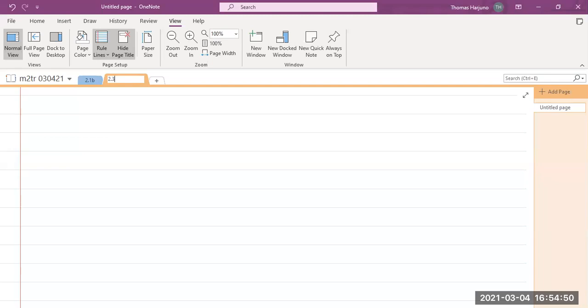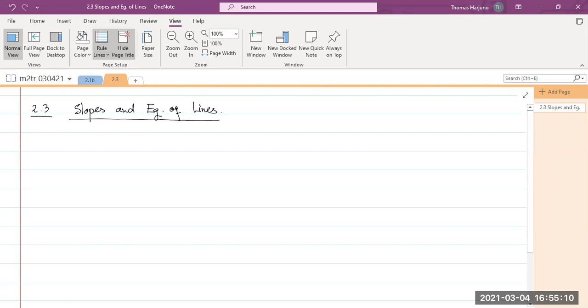We did this equation of lines before. Equation of lines, 2.3, slopes, and equation of lines. Now, in my lecture, I think that's lesson 5 or lesson 6, I went over the lines in great detail.